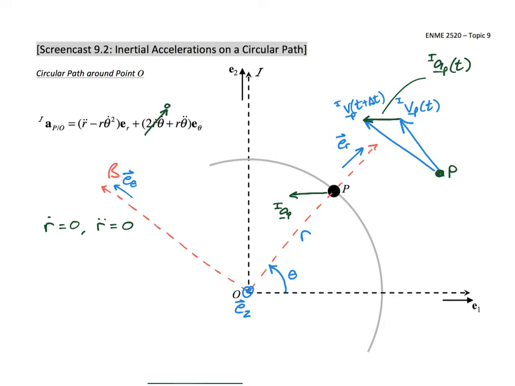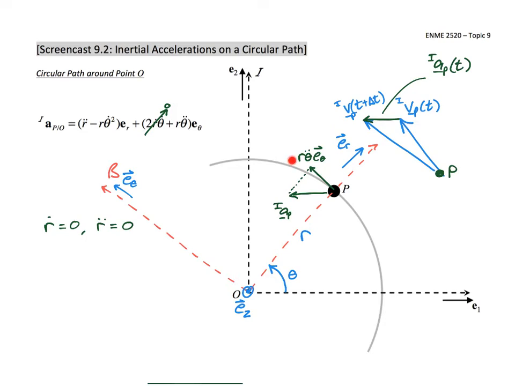So let's draw that component, which is tangential to our path, r theta double dot in the E theta direction, and we can see here that it's the E theta component of our acceleration vector which we've already drawn for our particle P. Now on a circular path, this E theta direction is the only direction that we have velocity, because remember, velocity is always going to be along the path of the particle.